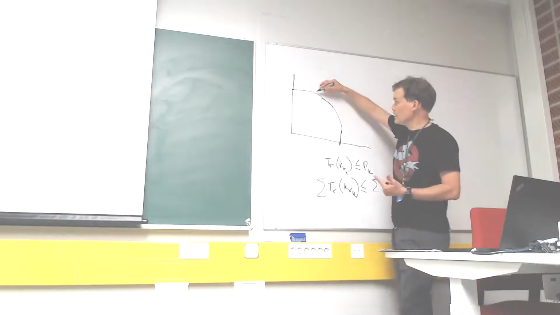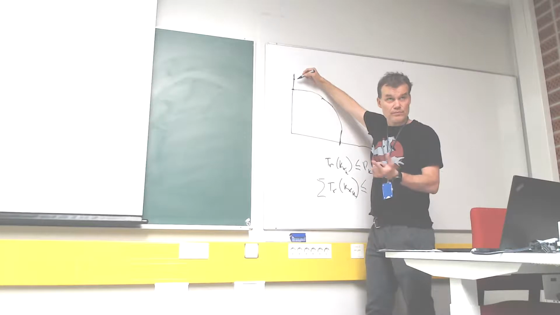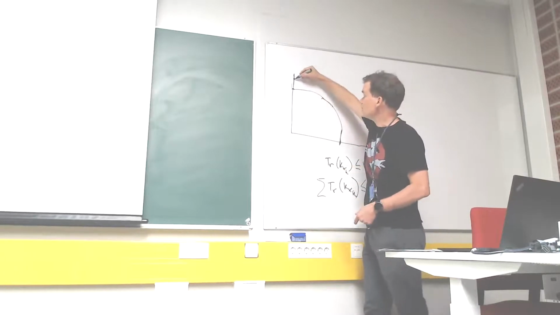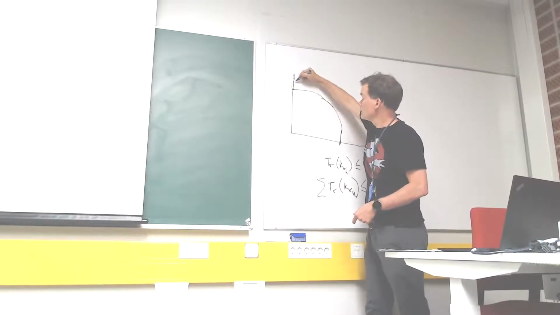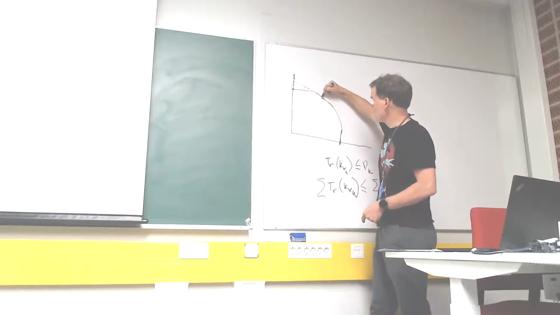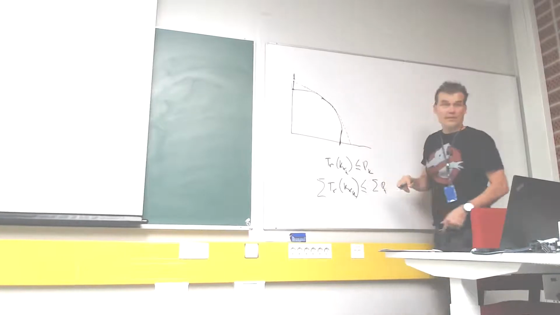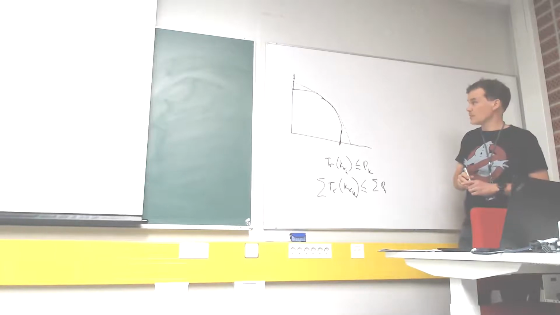So in one extreme, we can allocate all the power to one user, and we get basically a 3 dB gain here. But the rate region will change. It will be something like this, and there's still the time sharing region here. Slightly different. You will see when you compute it.